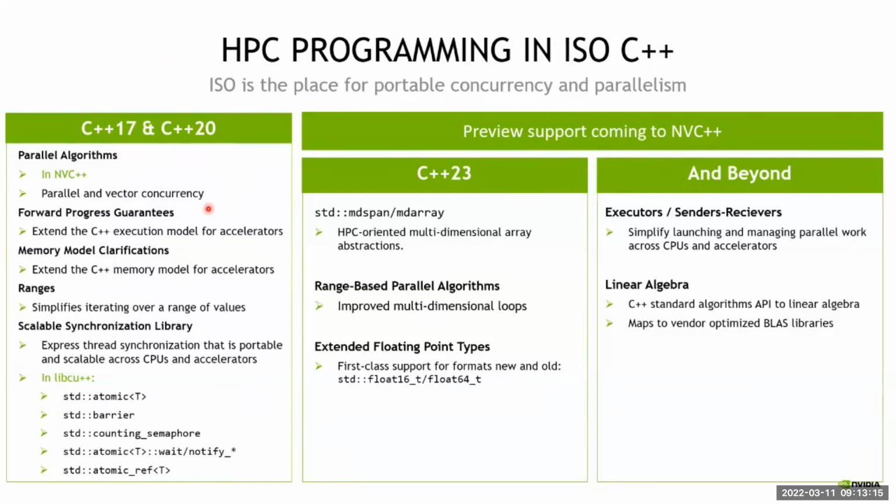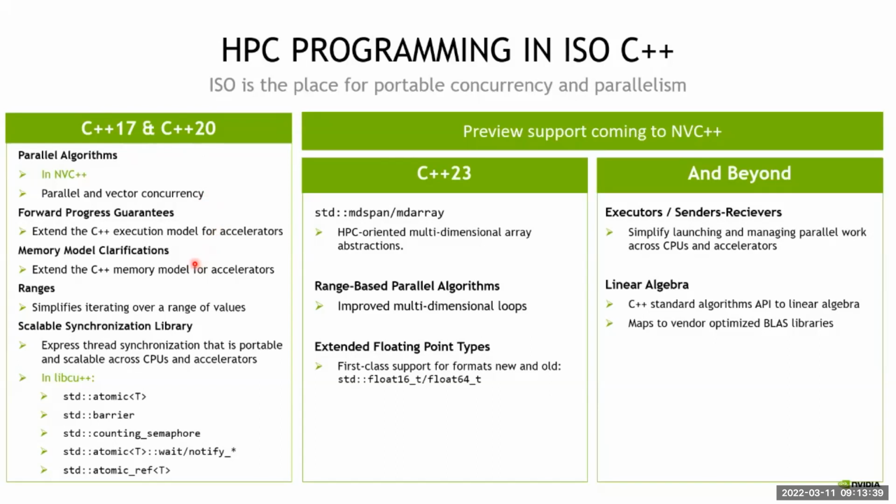C++17 also added forward progress guarantees and clarifications to the memory model that made parallel programming possible within that language. And at the same time, we began to make changes to our hardware to better align with what C++ was doing.